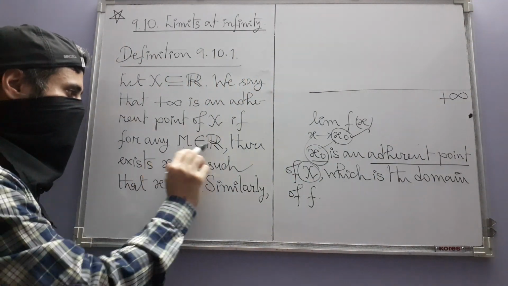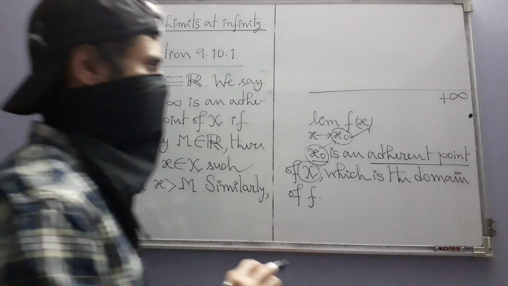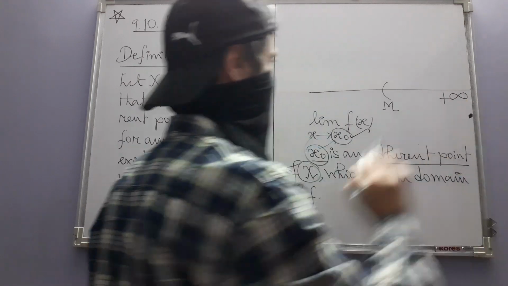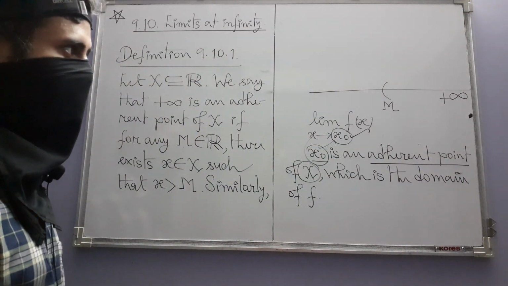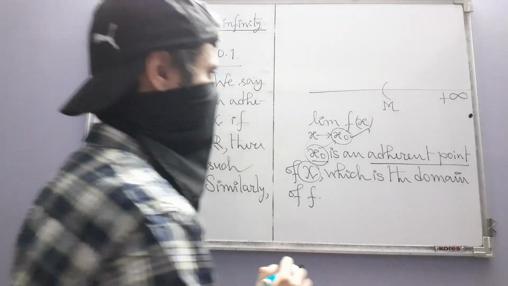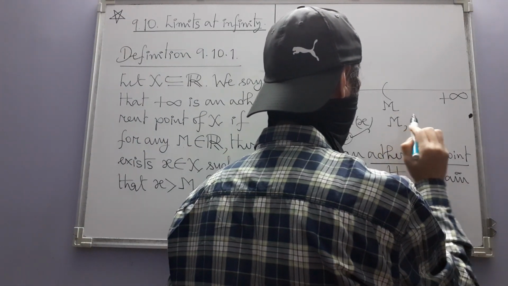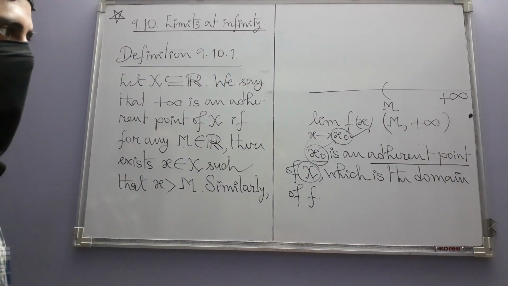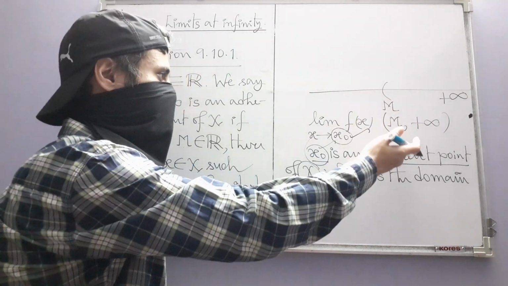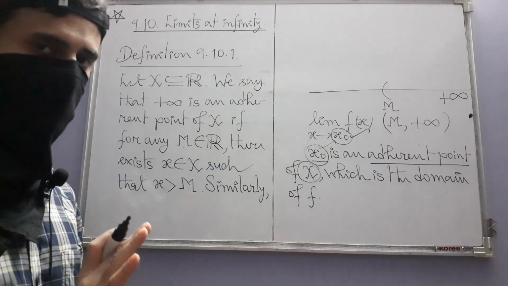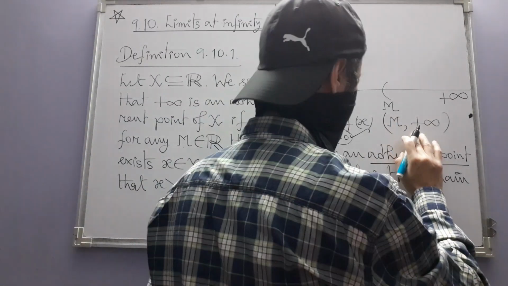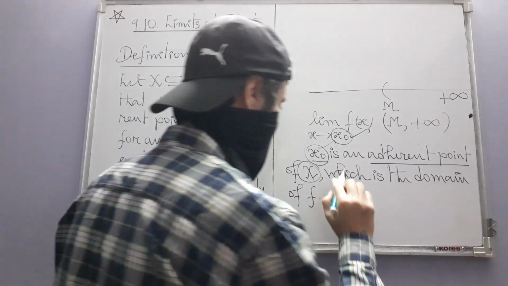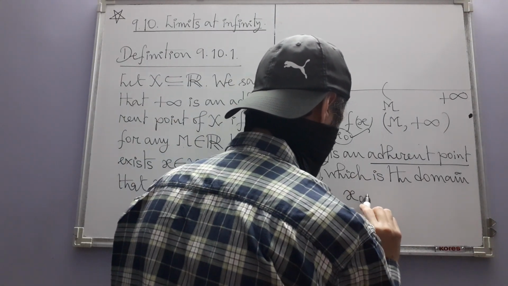When we say we are taking m in R, what that does is that it defines a ray which goes towards that side. And that ray is this. More precisely, it is this open interval. So this itself you can call a neighborhood of plus infinity, although actually it is not. But still, it is somewhat like a neighborhood of x naught, where that neighborhood looks like this.